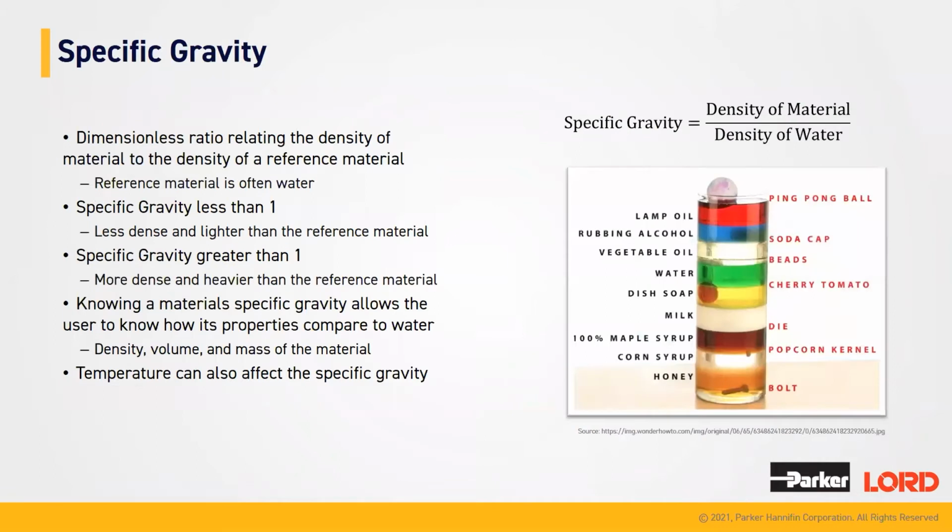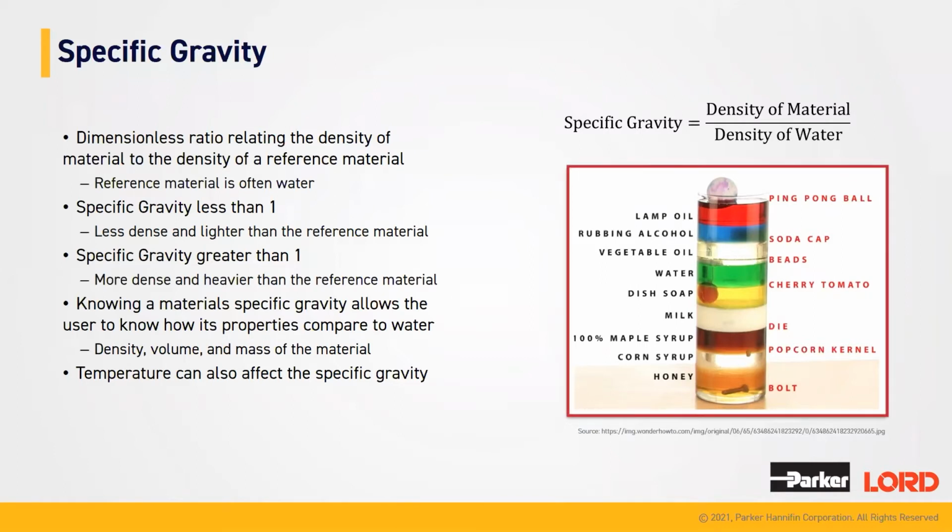Now moving on to specific gravity. Specific gravity is the dimensionless ratio relating the density of a material to the density of a reference material. Generally speaking, the reference material is water, but it doesn't necessarily always have to be. For the products that we offer, it will be water. When the specific gravity is less than 1, that means the material is less dense or lighter than the reference material.